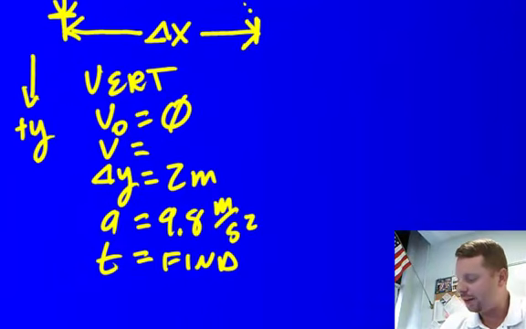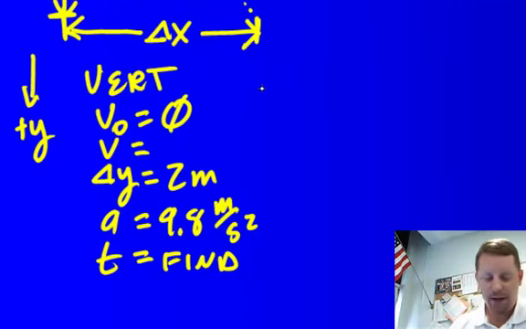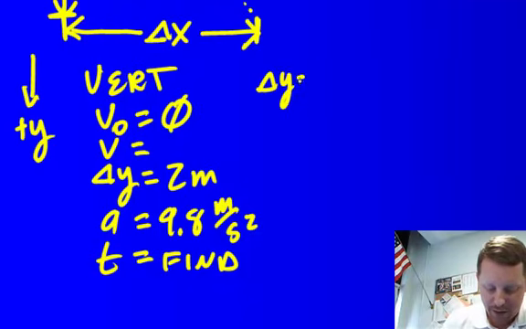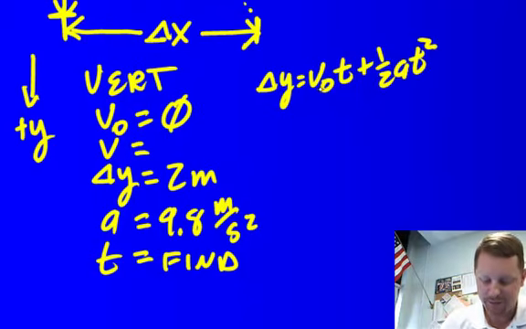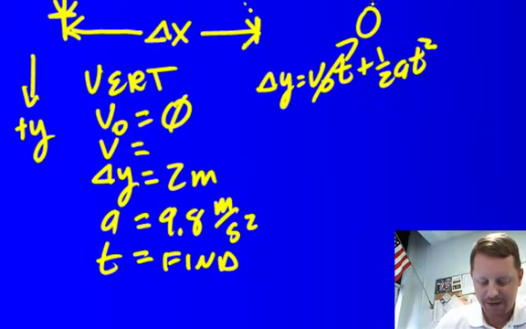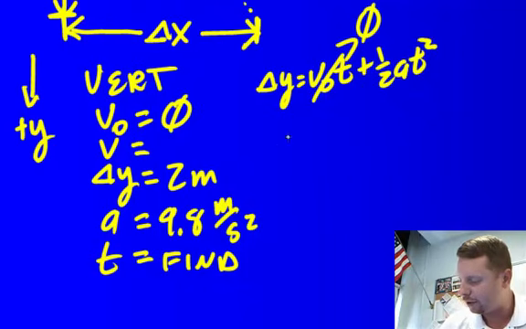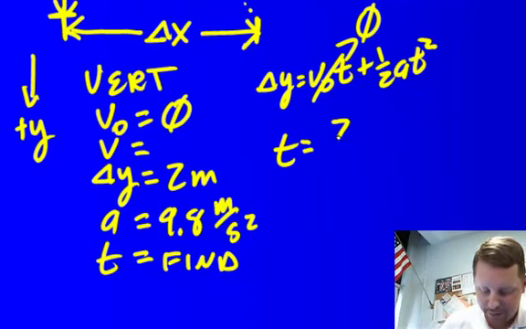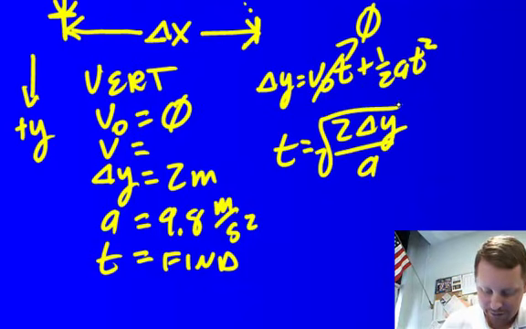We can solve this pretty straightforwardly using our kinematic equation, delta y equals v naught t plus 1/2 a t squared. Thankfully, v naught is 0, so that whole term goes away, and delta y is 1/2 a t squared. Solving for t, t is equal to the square root of 2 delta y over a.